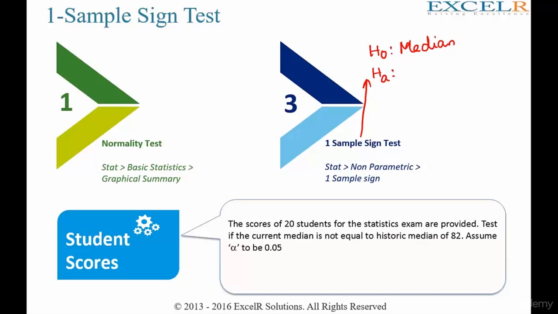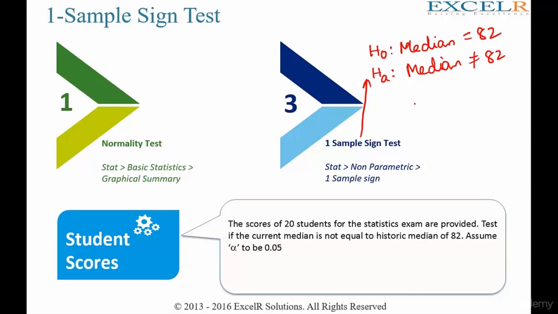If you notice that kind of data, normally your data are not normal. Hence, since median is not going to be influenced by outliers, we take this. So this is your null hypothesis. Alternate hypothesis says median is not equal to 82.